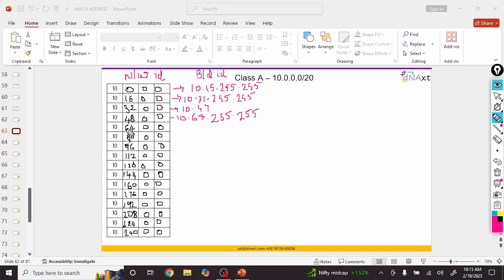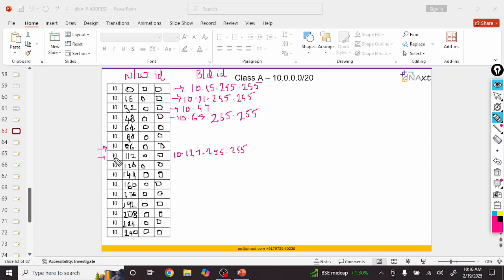Here it will be 10.79.255.255. Here it will be 10.95.255.255. For this network, the broadcast ID will be 10.111.255.255. For this, it will be 10.127.255.255.